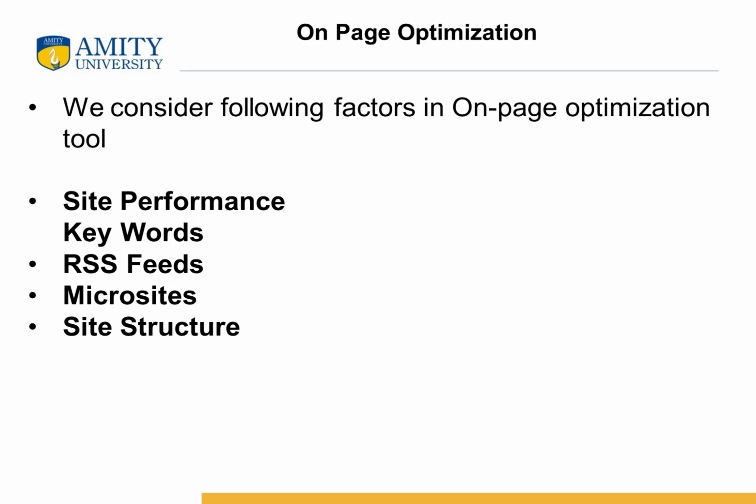Second is keywords. The keyword stuffing, keyword placement, the keyword relevancy, we evaluate these things. RSS feeds. RSS is the acronym for really simple syndication. It's an XML code that contains recent information updates, where it is being placed. Microsites. Microsites are auxiliary websites which are usually about a product or service that provide a separate entity for a brand.